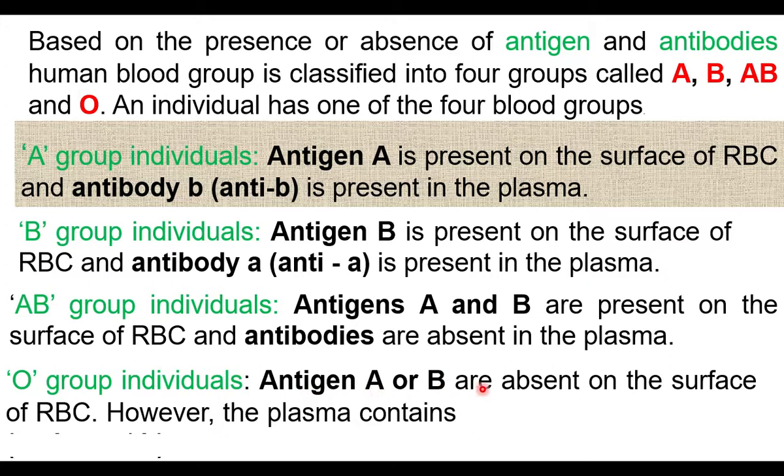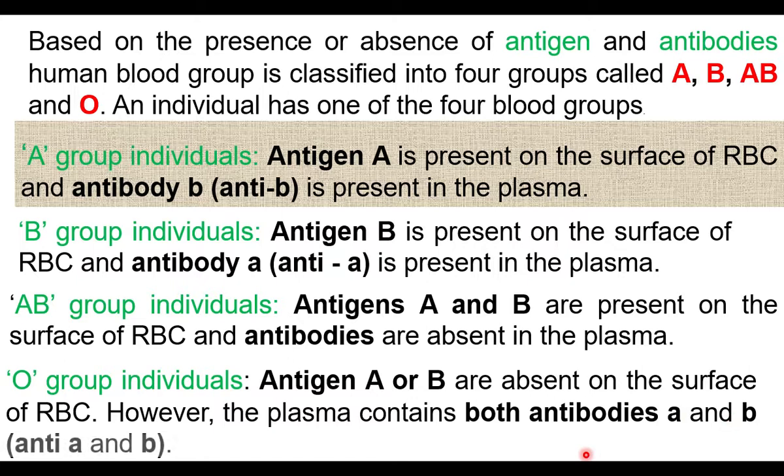Antigen A and B are absent on the surface of RBC. So the plasma contains both antibodies A and B, that is anti-A and anti-B antibodies. Now I hope you have understood how the blood group is recognized.